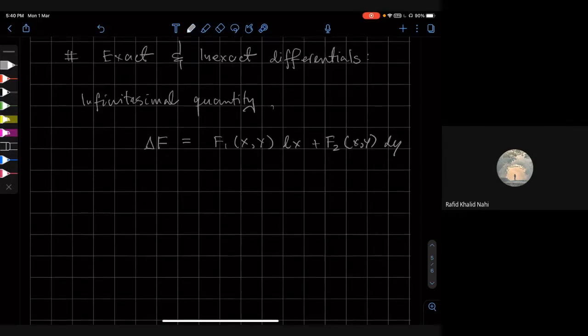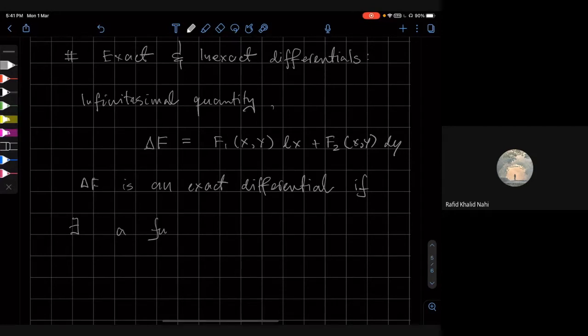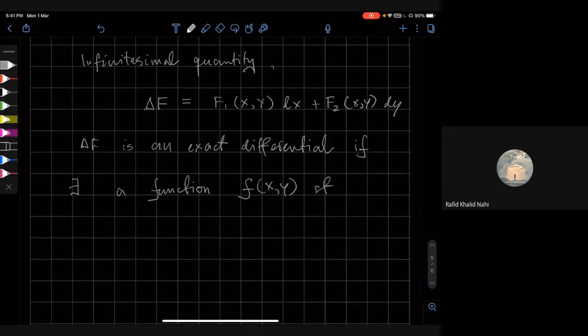So this differential, delta f, is an exact differential if there exists a function, let's call it f of x and y, such that delta f is d of f.